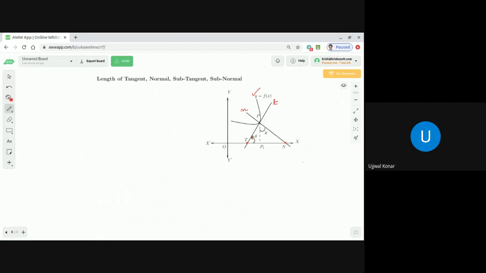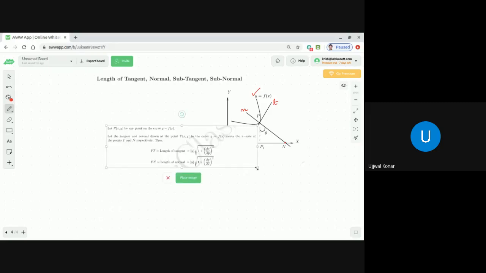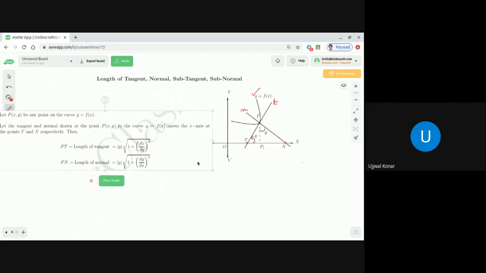That means the line segment from the point P till the tangent intersects the x-axis, PT, is called the length of the tangent, and similarly PN is called the length of the normal. So let me write it down here, dear students. After that we will discuss the next point about the length of subtangent and subnormal. So what I was telling, dear students, is something like this.